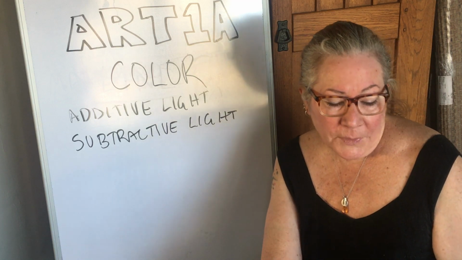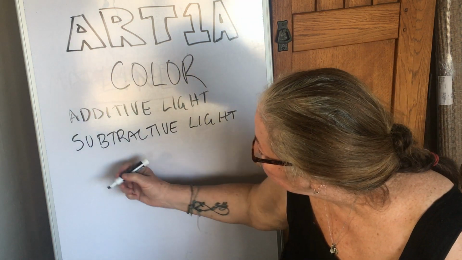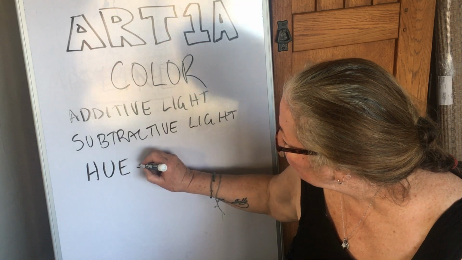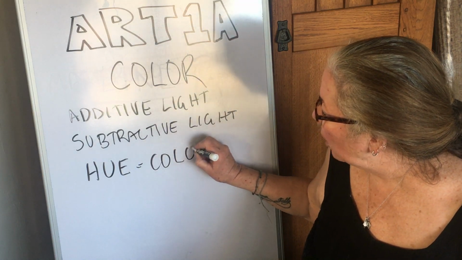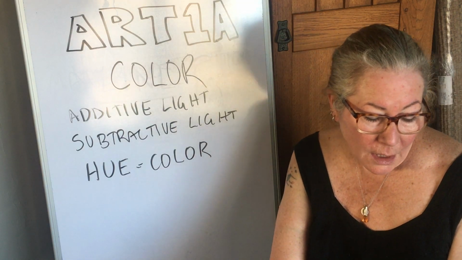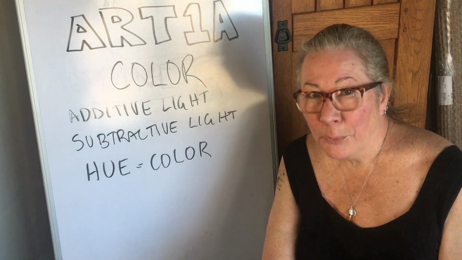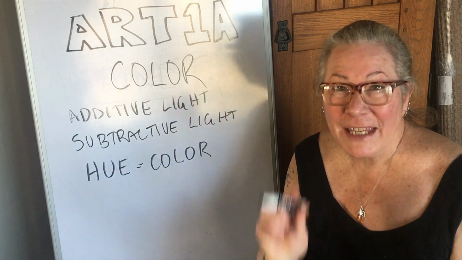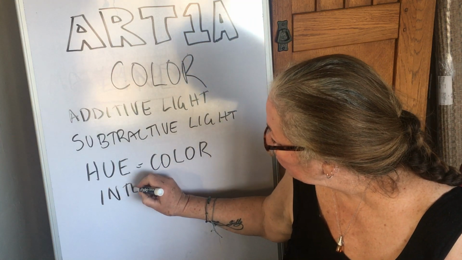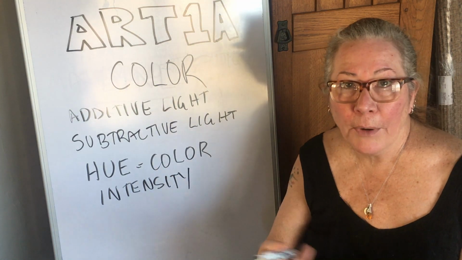Right? In art, color is known as a hue. So we often call colors hues, right? Different hues of color. And the amount of light reflected as well as the perceived brightness is called the intensity. How bright is it?